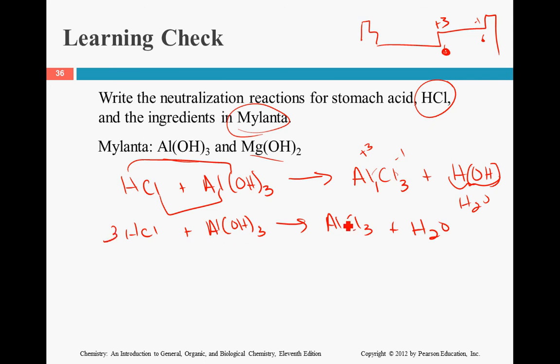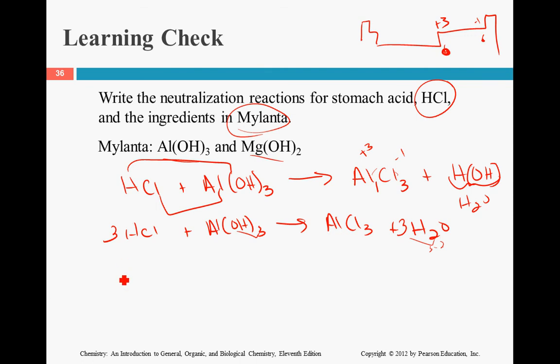We have 1 on the left and 1 on the right, so we're okay. Oxygens. We have 3 on the left and only 1 on the right. So I'm going to multiply the water by 3. Now let's go back and take a look at the hydrogens. We have 6 here, 3 times 2. And we have 3 here and 3 here. So there's 6 there as well.